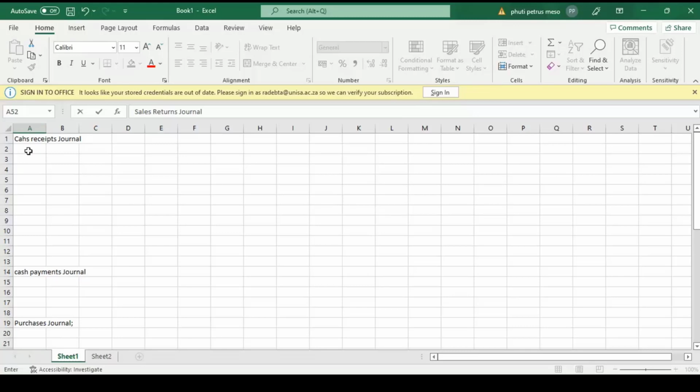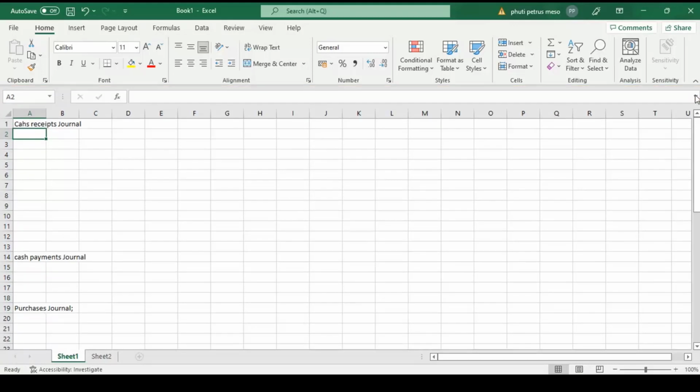Let's see, under the cash receipts journal there, we have to create different types of columns. Okay, so this is just for your knowledge, obviously you might not have something like to know which one goes where and stuff like that.